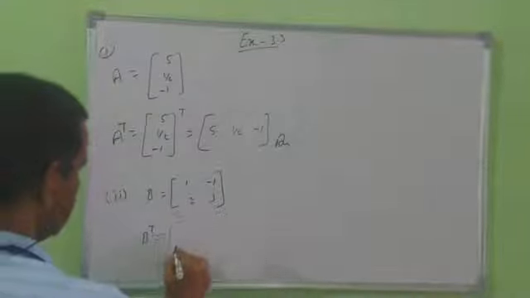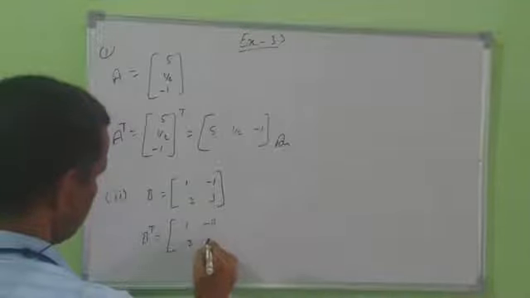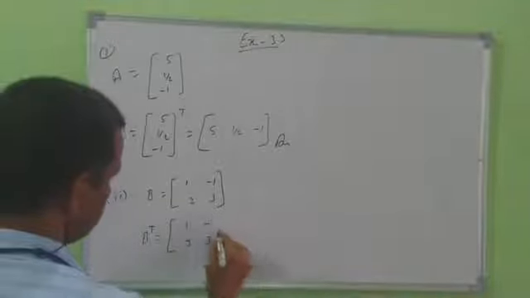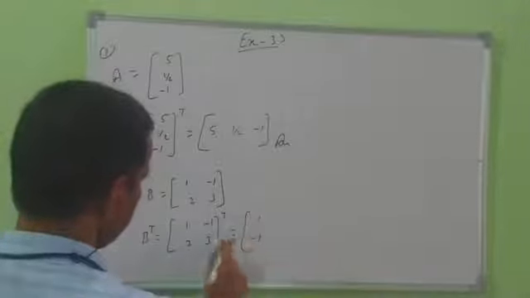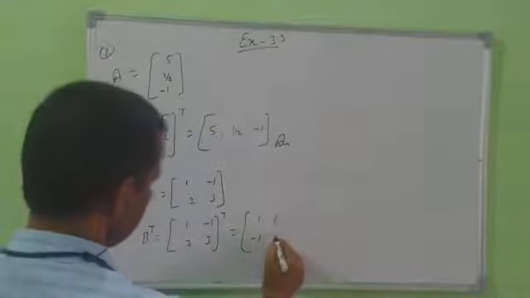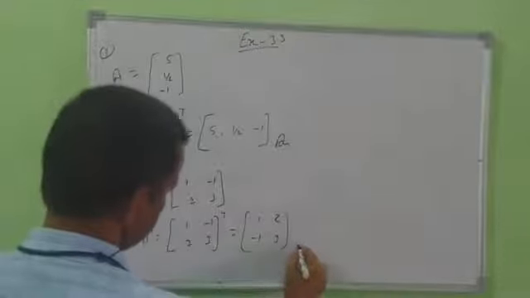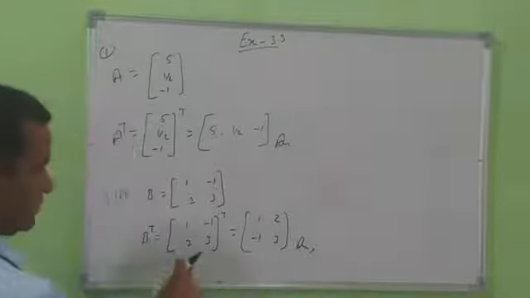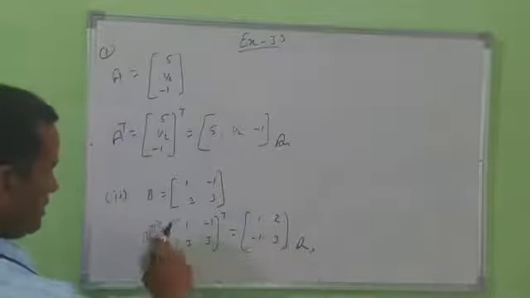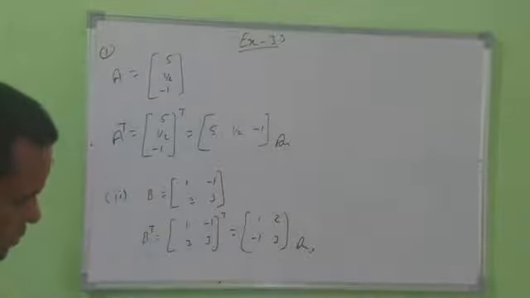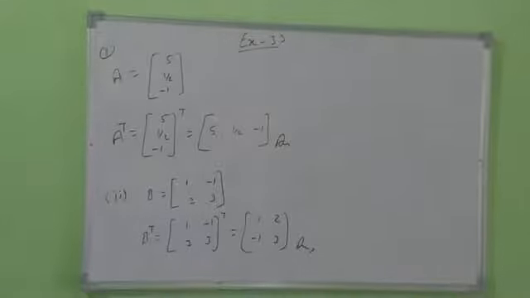Transpose of this matrix 1, minus 1, 2, 3: you get the answer with the first row converting to the first column and the second row converting to the second column. So this is your complete answer. This process is called the transpose of the matrix. Just note this down; next part.